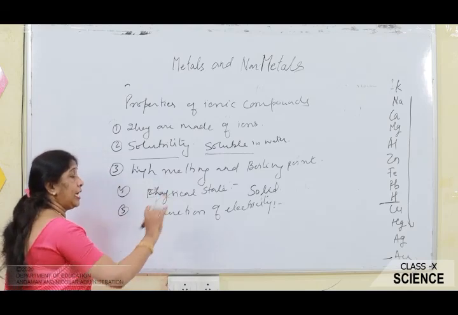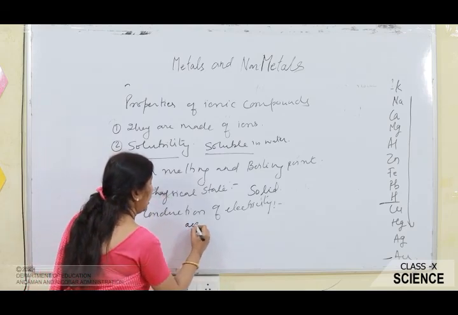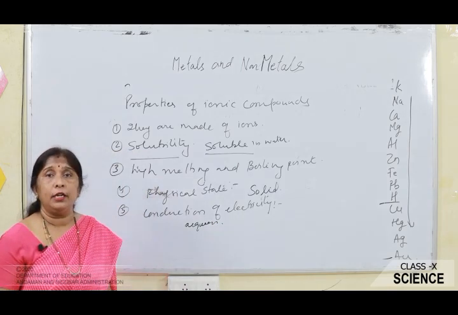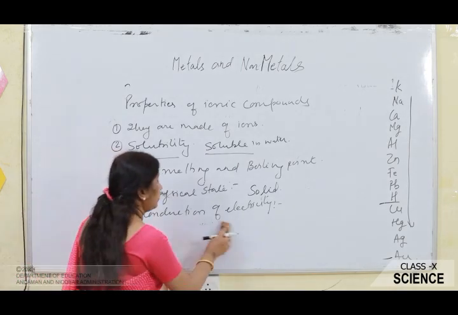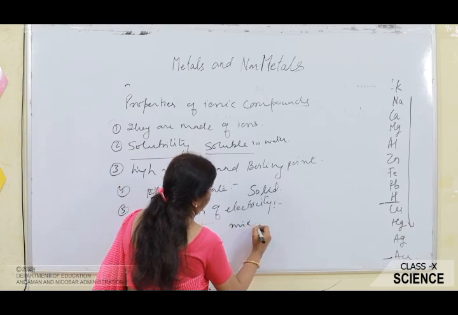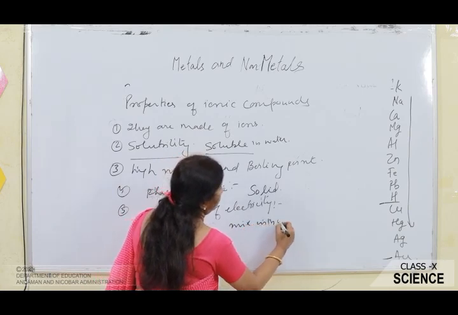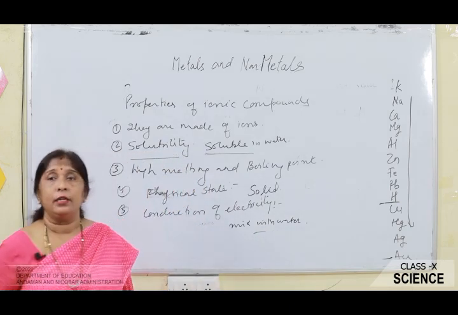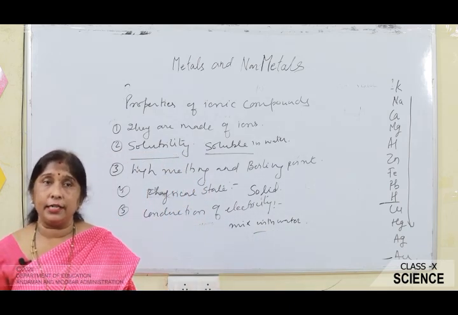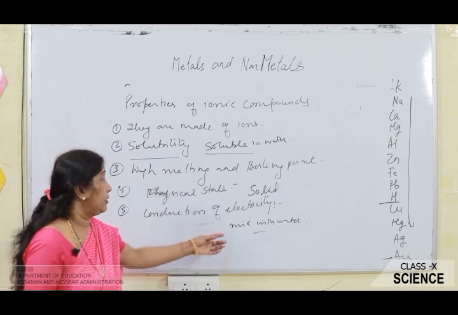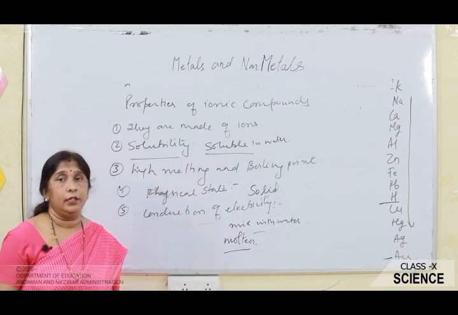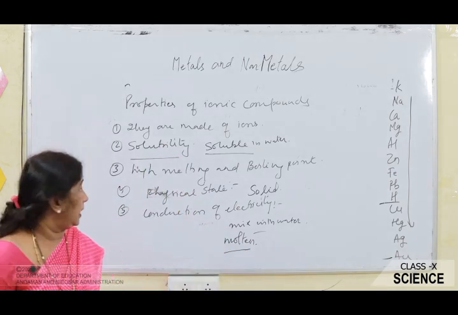But when they are present in the aqueous state, that is mixed with water, you can write down mixed with water, they conduct electricity. That means in the aqueous state they conduct electricity, and also in the molten state. In the molten state, when they are melted, they will conduct electricity, right.